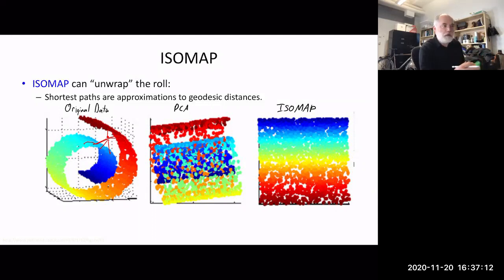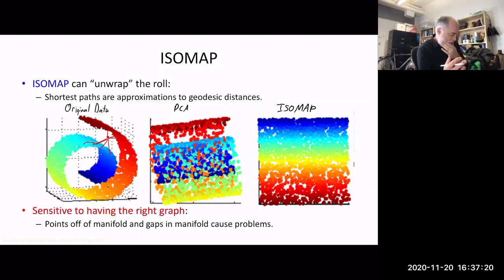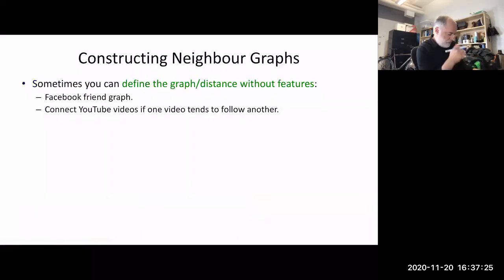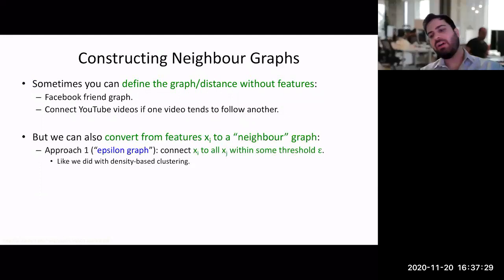So this is no one size fits all solution. There's no panacea, but it does something, right? It is sensitive to having the right graph, and points off the manifold and gaps in the manifold cause problems. So sometimes you actually do have the graph though.